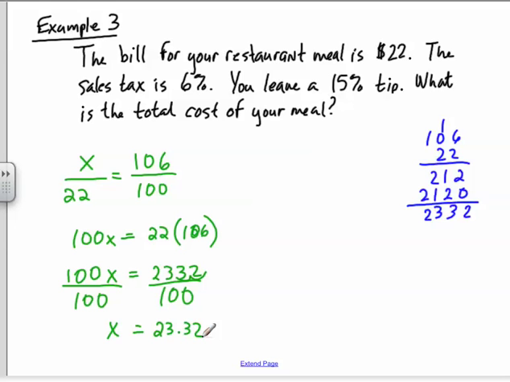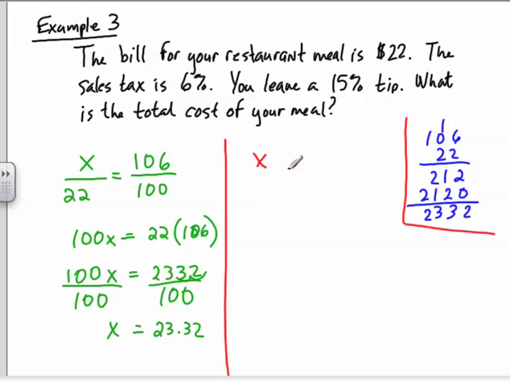Okay. Now, my table server works hard for a living and depends on tips. So I'm going to add 15% on top of that to help out. And I am going to say, what is 115%?